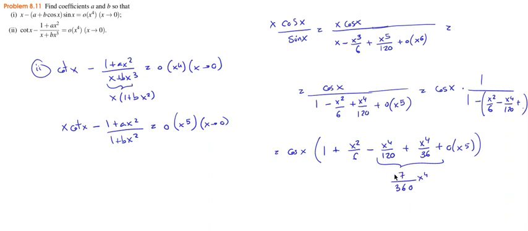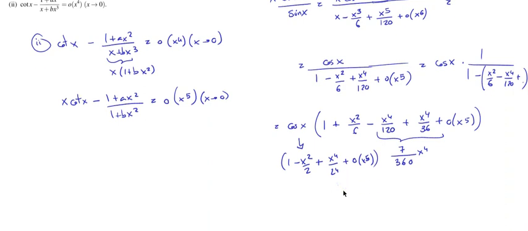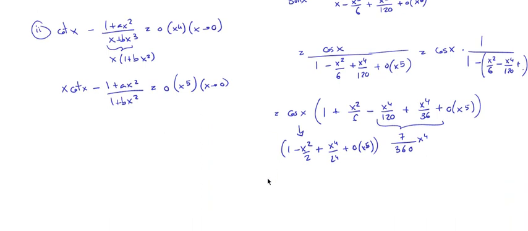And now we can multiply by the cosine, which is 1 minus x squared over 2 plus x to the 4th over 24 plus a small o of x to the 5, actually, right? Because the next term is x to the 6. So now we can compute this thing, and if you do it, you will get 1 minus x squared over 3, because you get x squared over 2 minus x squared over 2 plus x squared over 6.